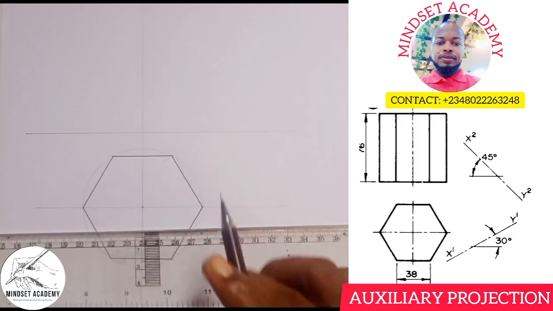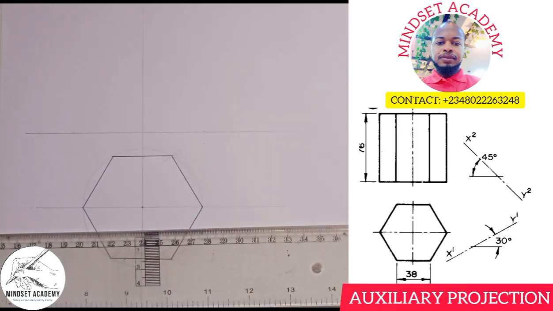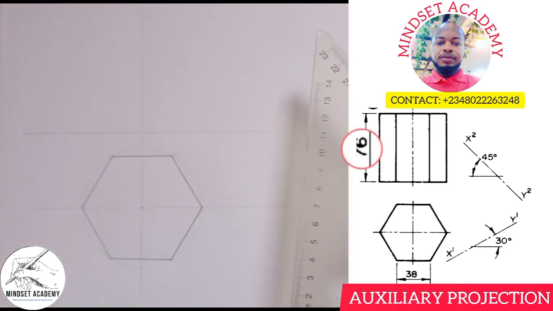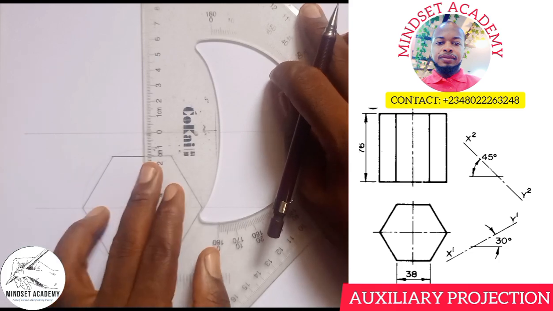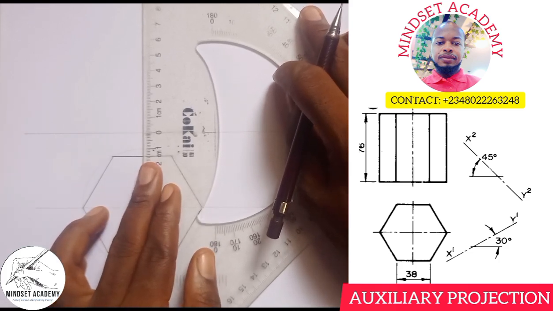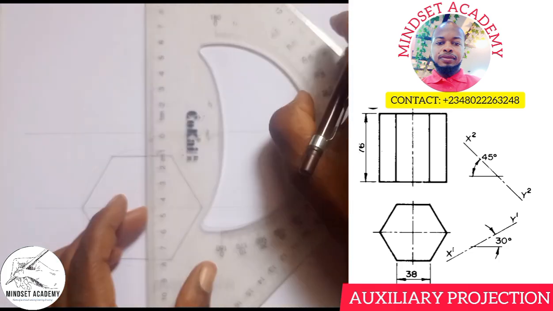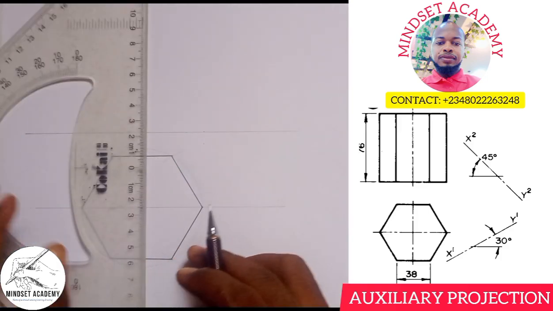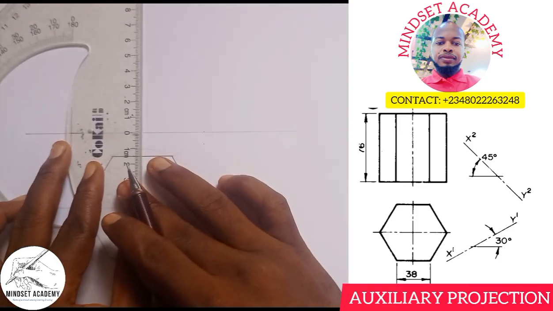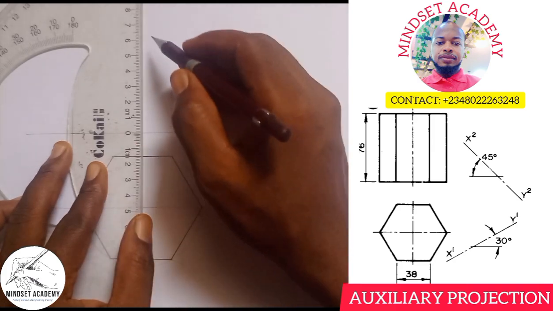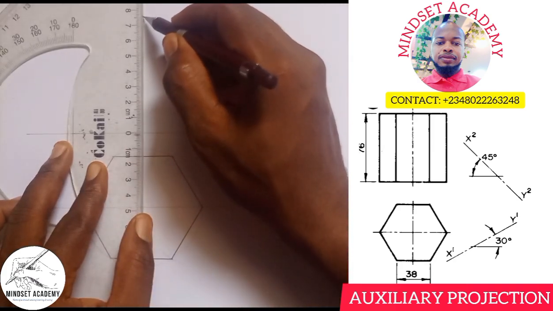This will be the base of my elevation, and I'm going to measure the height of the elevation, which is given to be 76. So from 0 here, this is 76 here.